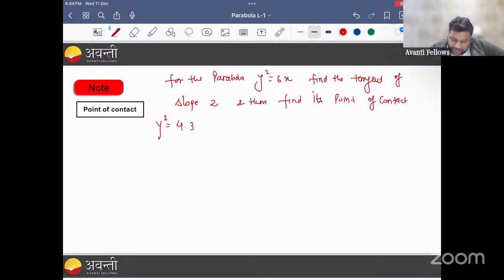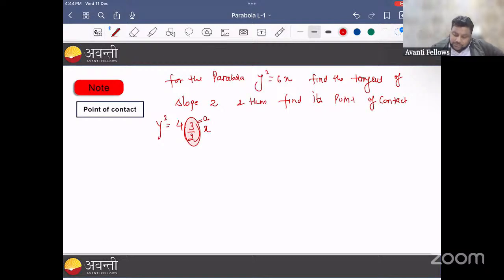so a will be 3 by 2. So this 3 by 2 is your a. Y square equals 4 times 3 by 2 into x, y square equals 4ax.